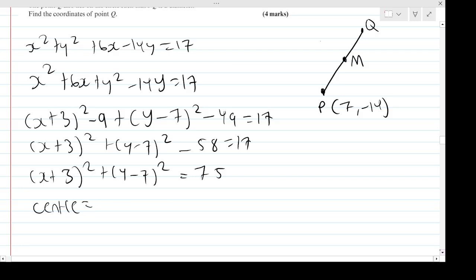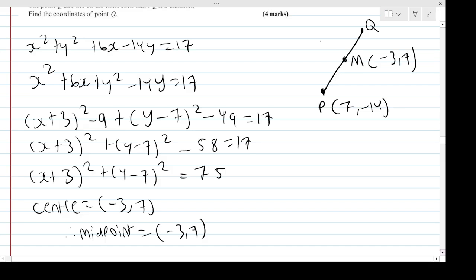The centre is now at minus 3 from plus 3, and from minus 7 we get plus 7, so the centre is (-3, 7). But that's also the midpoint, because if it's halfway along the diameter, it's also the centre of the circle. So minus 3, 7. Therefore, I can fill this in to be (-3, 7).